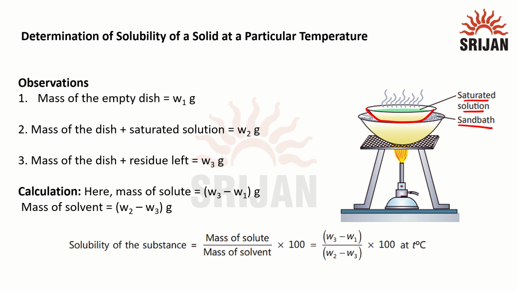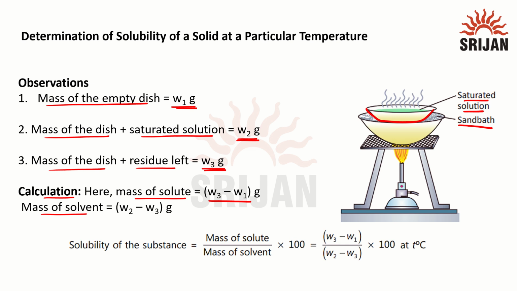So first we record the mass of the empty dish, that is W1 gram. Second is the mass of the dish plus saturated solution, that becomes W2 gram. Third is the mass of the dish plus residue left after the evaporation of solvent, that is W3 gram. Now we have to calculate the mass of the solute, that will be W3 minus W1.